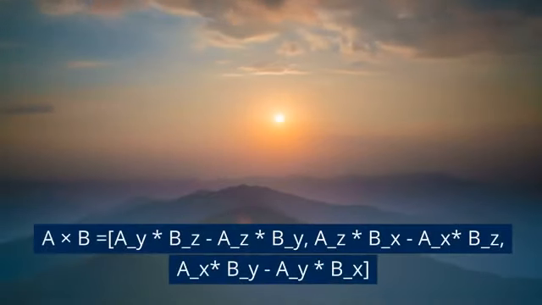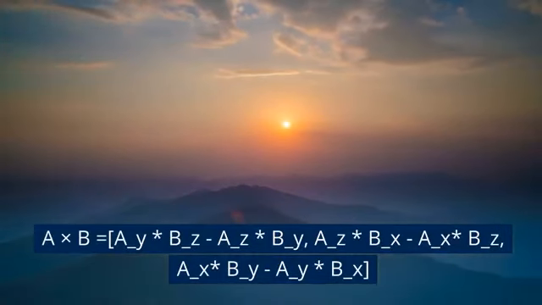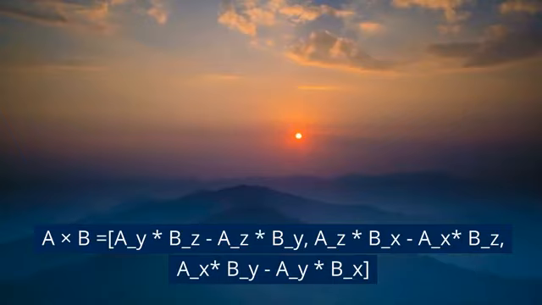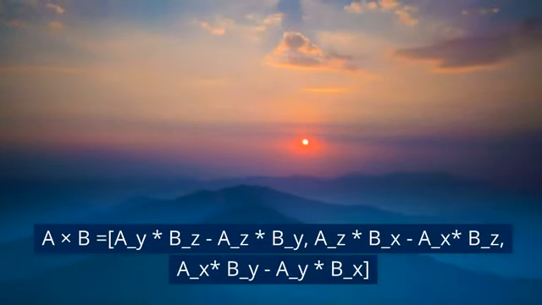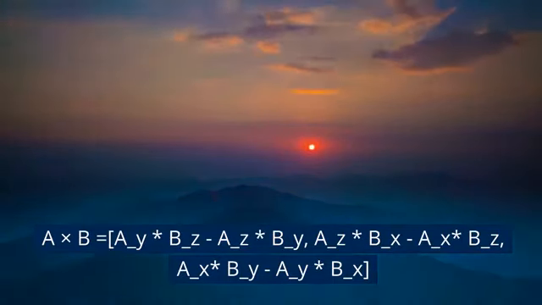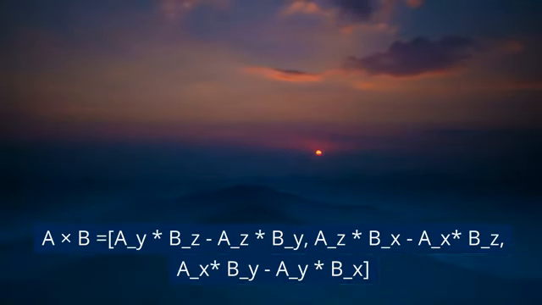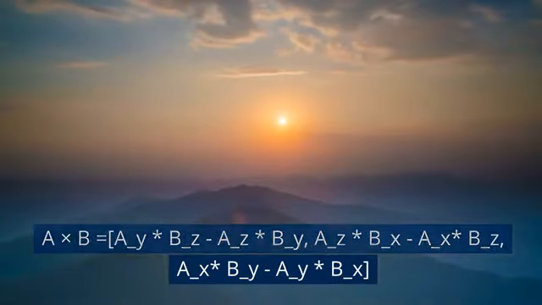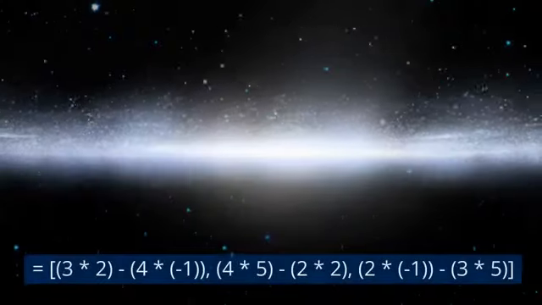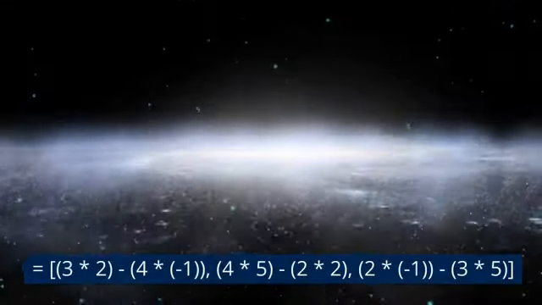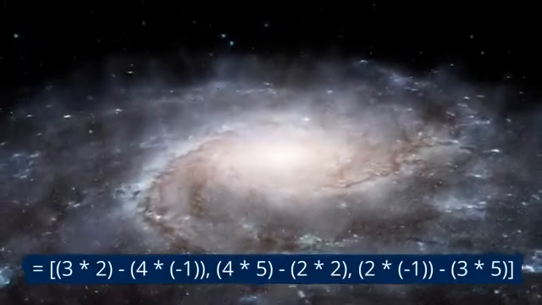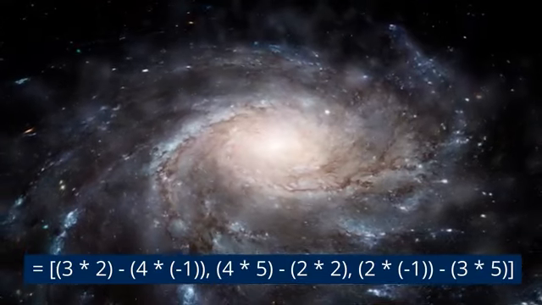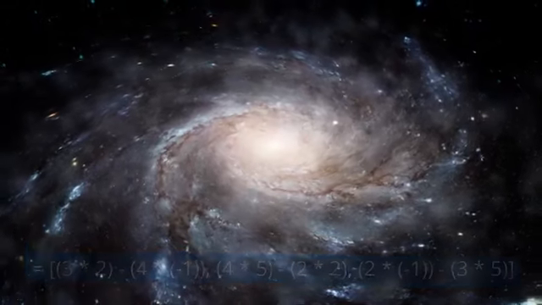A × B equals (A_y * B_z - A_z * B_y, A_z * B_x - A_x * B_z, A_x * B_y - A_y * B_x). Equals (3*2 - 4*(-1), 4*5 - 2*2, 2*(-1) - 3*5).